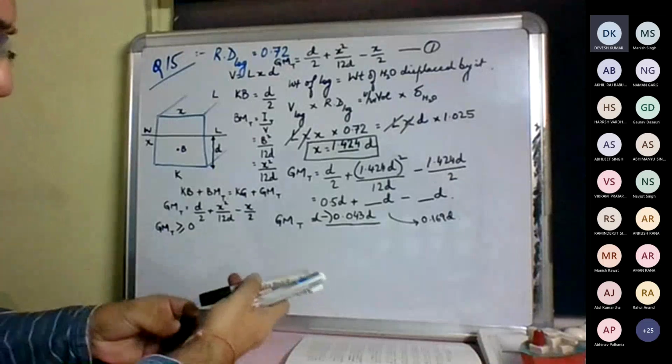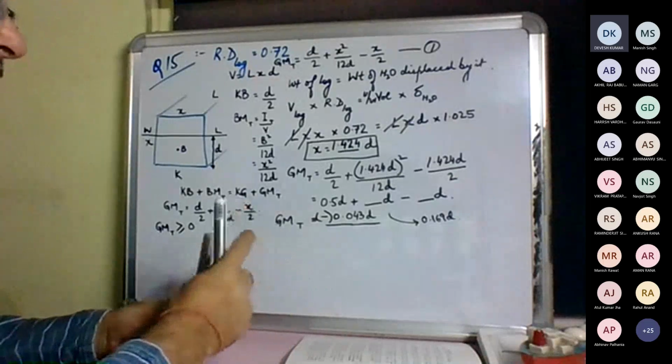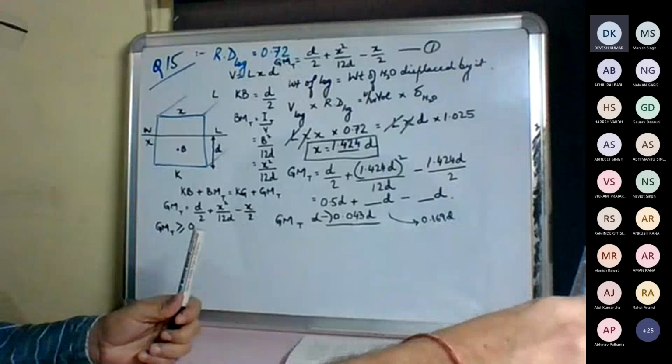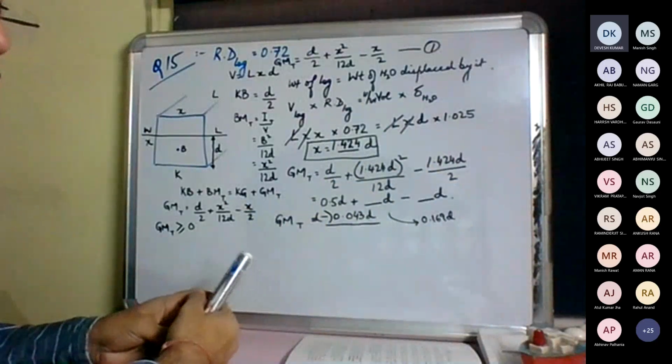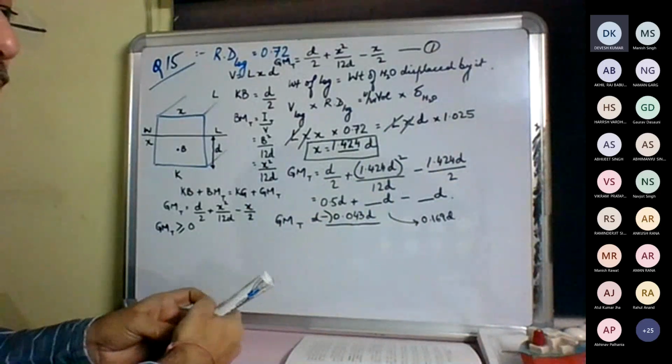So can you please repeat? Since the GM is negative, the log is in unstable equilibrium.